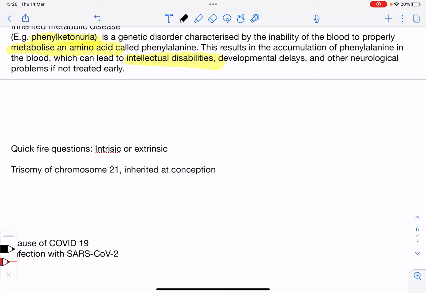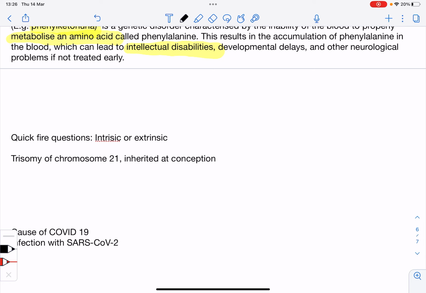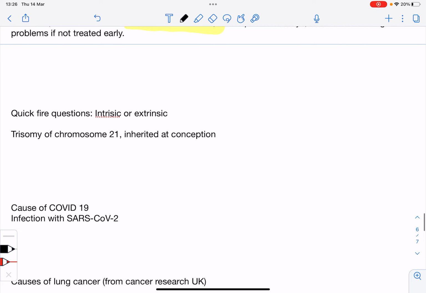So let's have some quick fire questions to end off the session today. We've covered quite a bit. So, intrinsic or extrinsic: trisomy of chromosome 21, inherited at conception. By trisomy, I mean you have 3 copies of the chromosome. All humans have 2 copies of each chromosome. That's why we have 2 sets of 23 chromosomes. But in this case, we have 3 copies of chromosome 21.